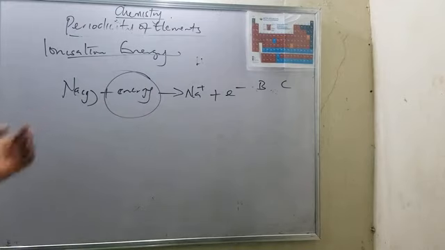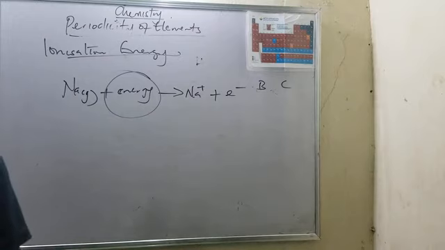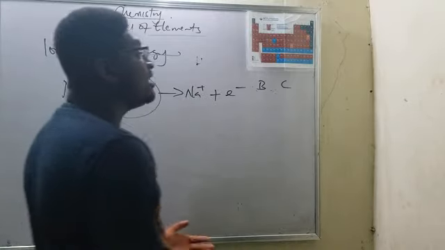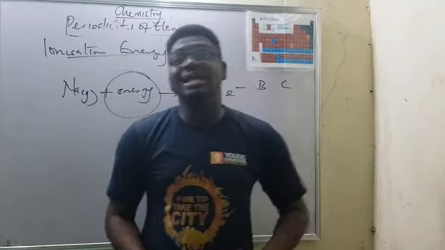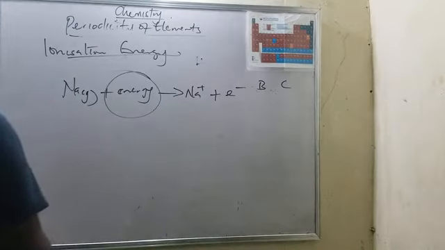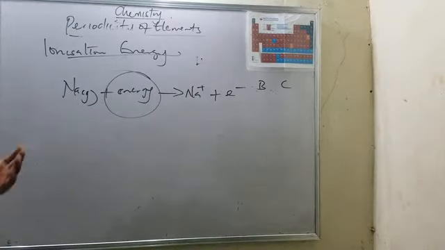And it is influenced by three different things. Number one is the size of the atom. Then also the charge on the nucleus can also affect it. And lastly, another thing that can affect it is the screening effect.